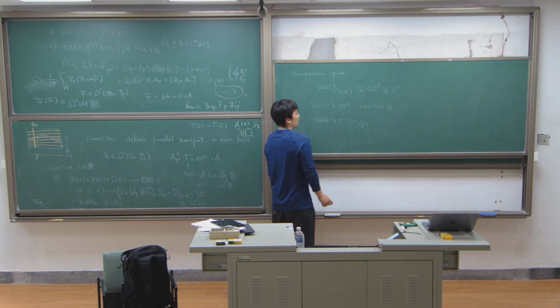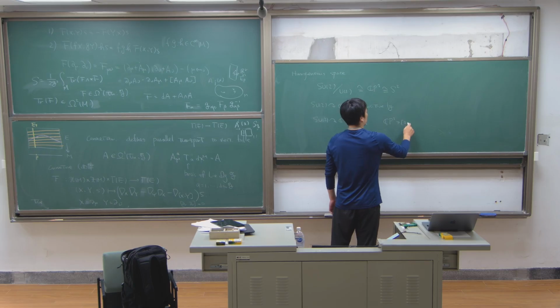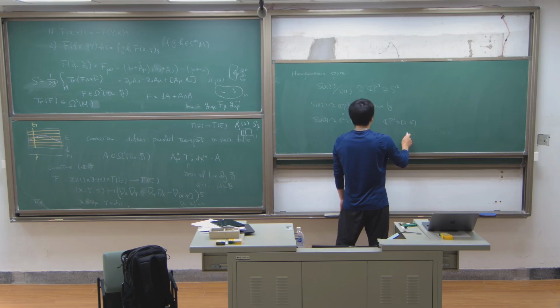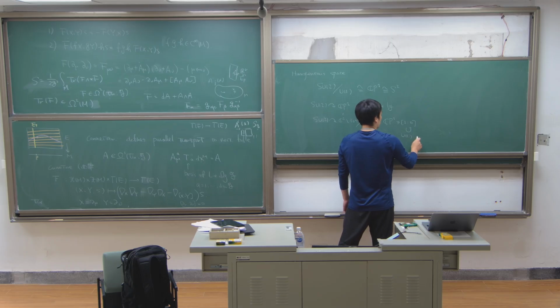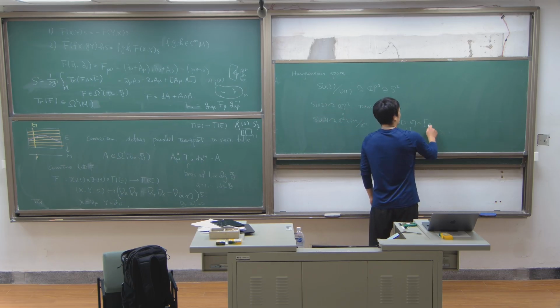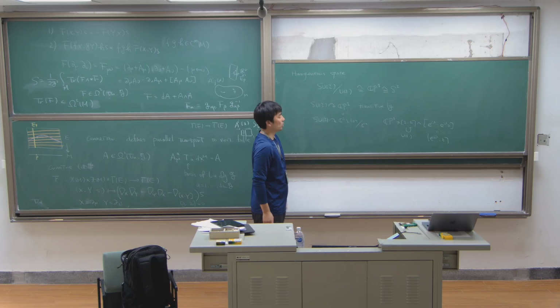So transitively, and if you fix the point in CP1, (1, 0), then the U1 subgroup is the stabilizer subgroup. U1 acts as e^{i lambda} times 0, which is still 0. So if you take a quotient, you get CP1.